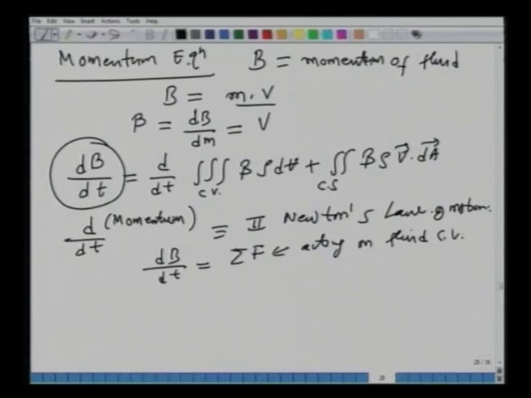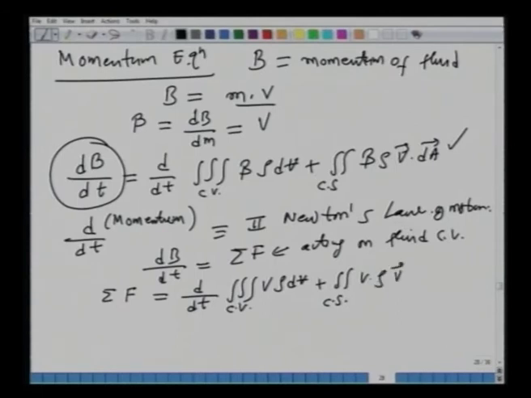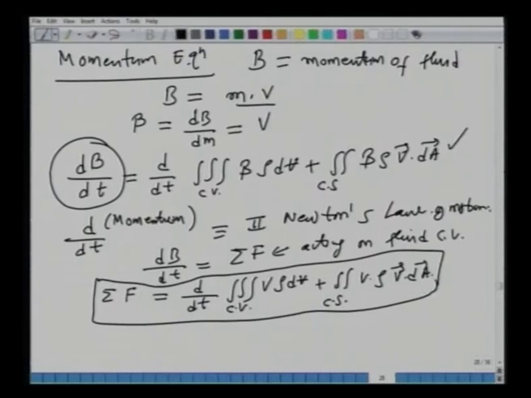So with this knowledge, we will put all these equations in our Reynolds transport theorem. So that you will have summation F, that is the left hand side, is equal to d over dt of triple integral beta is v, we have seen that, rho dv plus double integral over the control surface v rho v dot dA. So this is your most general momentum equation for any kind of fluid flow problem. All right.